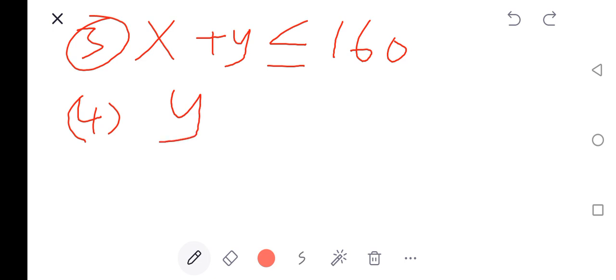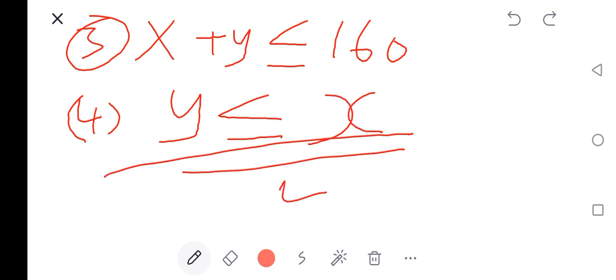They haven't given numbers on the last one. They just said the number of beef should not be more than the number of Hungarian sausages. More than is this symbol, right? What letter is Hungarian? X. That's all. You have hammered all the 4 marks.